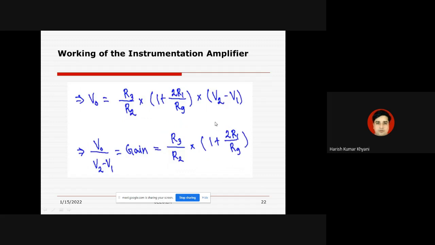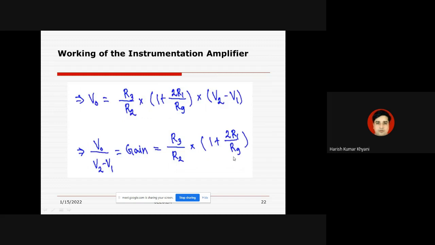If we want to derive the gain, then our input to the last op-amp is nothing but V2 minus V1. So V0 upon V2 minus V1 is the gain, and the expression of gain would be R3 by R2 multiplied by 1 plus 2R1 by RG.